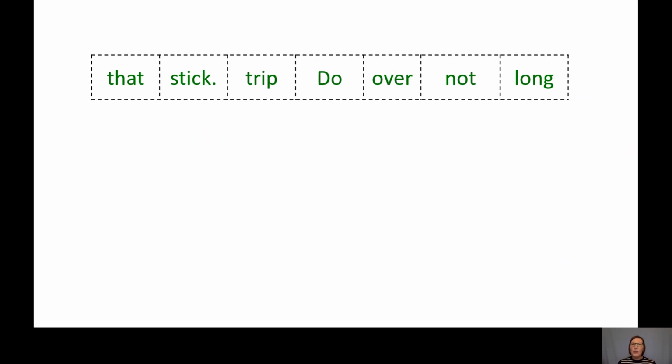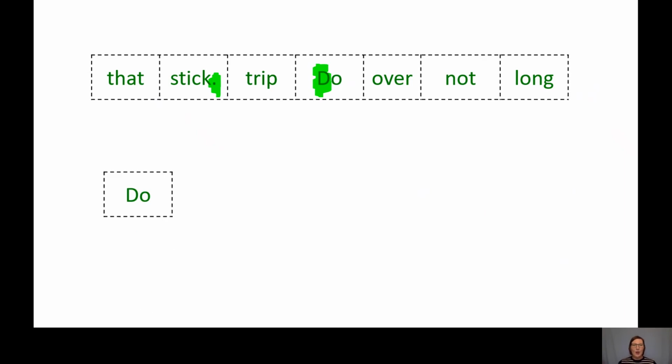That stick trip do over not long. That doesn't make sense, does it? Can you again spot my capital letter and my full stop? Yes, there's the capital letter. And there's my full stop. Let's put this one into order. So the first word must be do, because that has our capital letter.